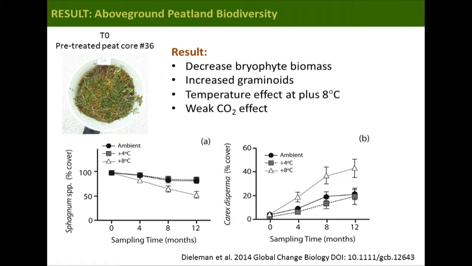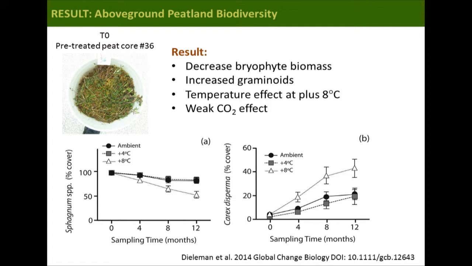So we found under elevated temperature, in particular, declines in sphagnum moss over the first 12 months. On the left-hand side here, and this coincided with an increase in vascular plants, in particular a small graminoid species called Carex disperma. The effects of CO2 in this case were actually quite weak. We only saw the effect of CO2 on one of our plant species, which was another Carex, Carex magellanicum.